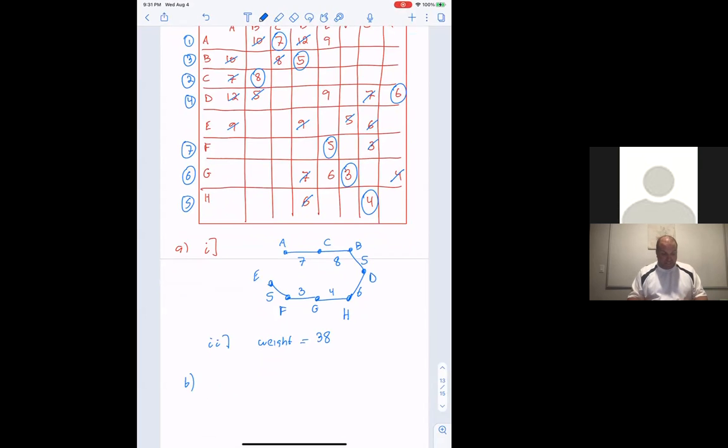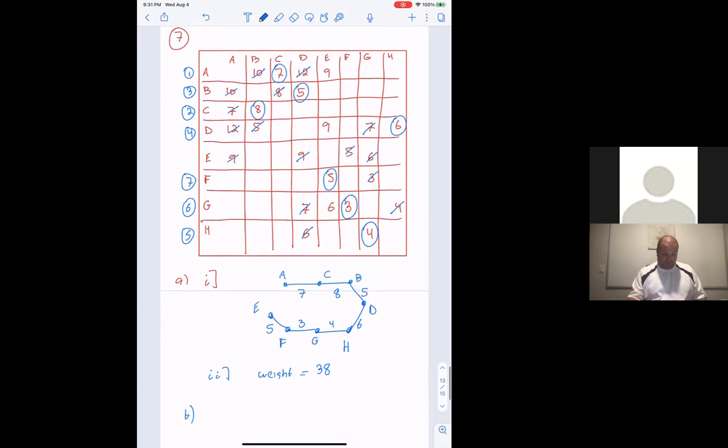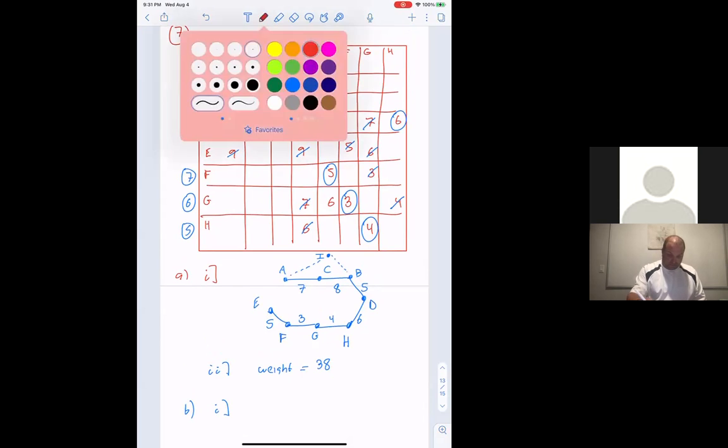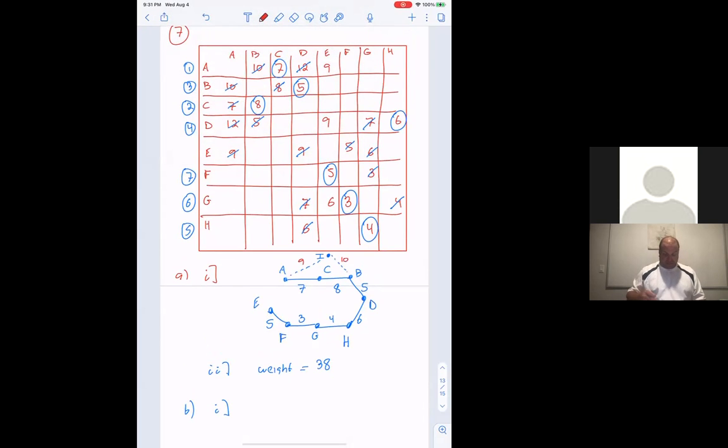In the graph, I is connected to vertex A and to vertex B. So we have a new I, which let's put up here because it connects to A and it connects to B. By consideration of your tree from part A, find the weight of the new minimum spanning tree if the weight of the edge to A is 9 and B is 10. So notice now I have a cycle.